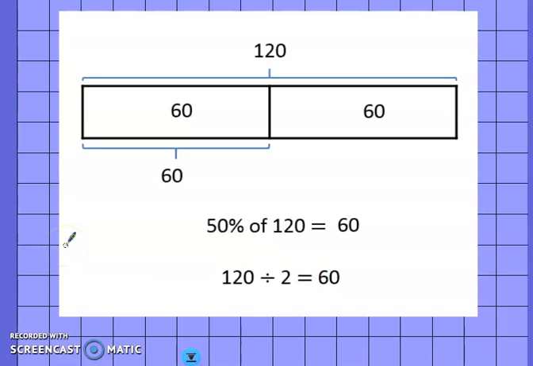Having a look now, so what if your whole wasn't 100? What if your whole was 120? And it said, what is 50% of 120? That's the same as saying, what is a half of 120? So what is 120 divided by 2? That would give us 60. So 60 is 120 divided by 2.